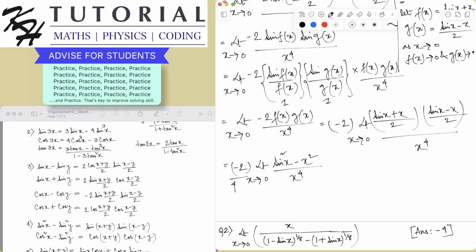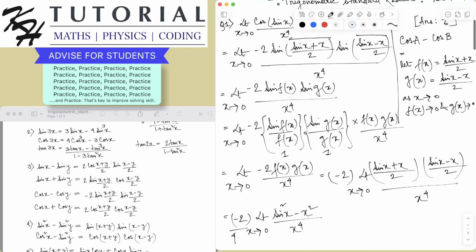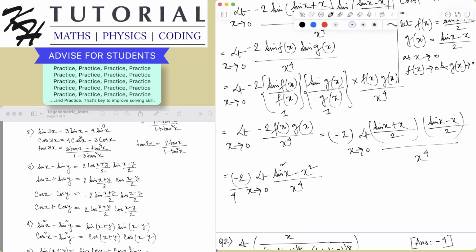So so far I manipulated the given function using trigonometric identities and formulas, so that I applied the concept of sin f(x) by f(x), when f(x) tends to 0, is 1. But now I could not. At this stage, using that concept, I am not able to solve the problem completely.